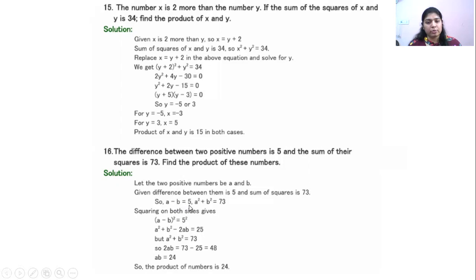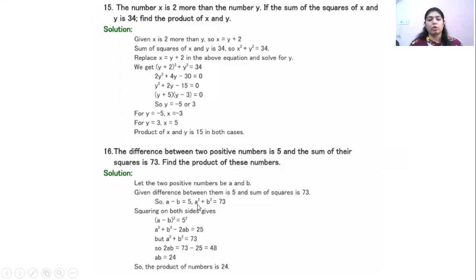a minus b is with us, and a square plus b square is with us. So consider the equation a minus b is equal to 5, and squaring both sides, we get a square plus b square minus 2ab is equal to 5 square, which is 25.